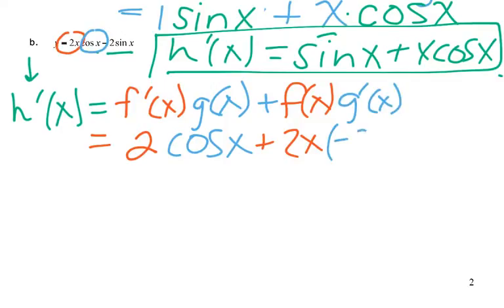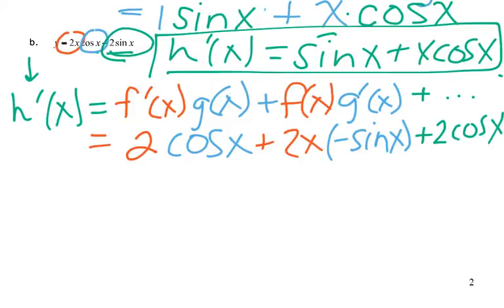The derivative of cosine is negative sine of x. Okay, then we actually need to add the derivative of the 2 sine of x. So I'm just going to write that in down here. The derivative of 2 sine of x is 2 cosine of x. We learned how to do that one today.